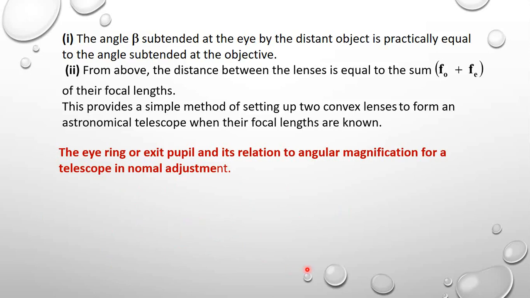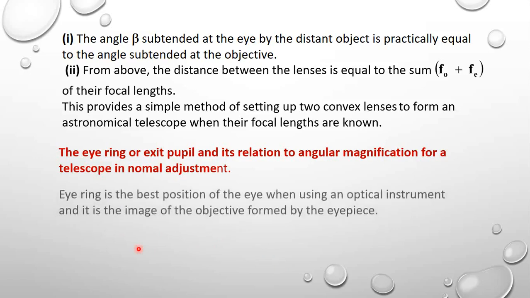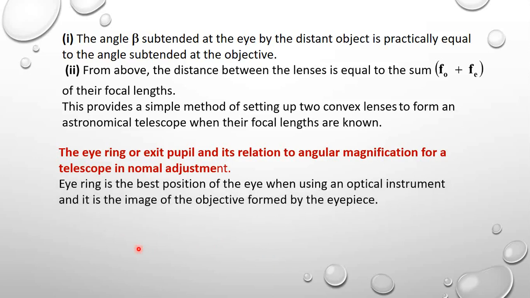We also need to know that the eye ring is actually the image of the objective formed by the eyepiece. At that eye ring, or what we call the exit pupil, the eye receives the maximum amount of light entering the objective from outside.